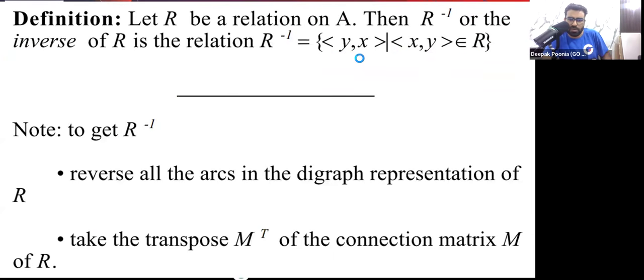Basically, to find the inverse of relation R, just swap the elements in every ordered pair belonging to R. To get R inverse, if you have the graph representation, reverse all the edges, and if you have the matrix representation, find the transpose. Very simple. This is the concept of the inverse of a relation. I hope you understood.